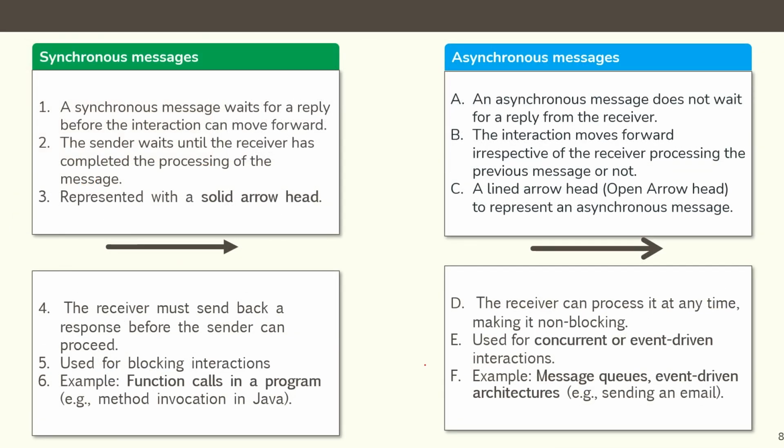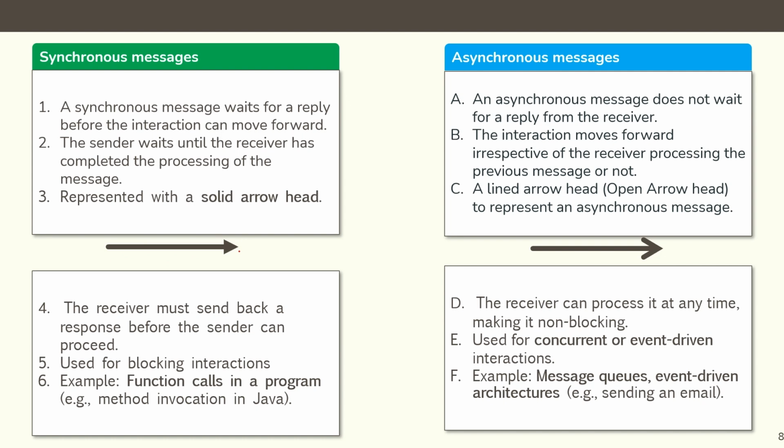Now, the messages can be of two different types. One is synchronous and the other one is asynchronous messages. Synchronous messages are the ones which start from a lifeline and end in the next one.